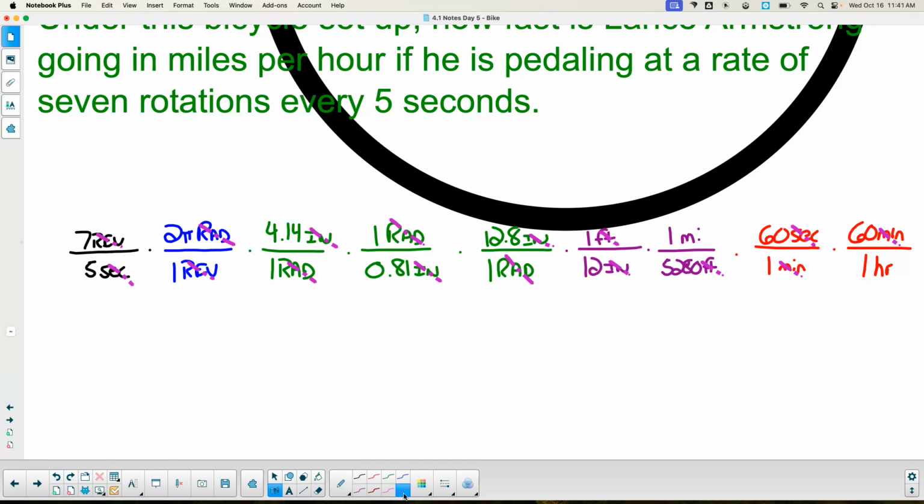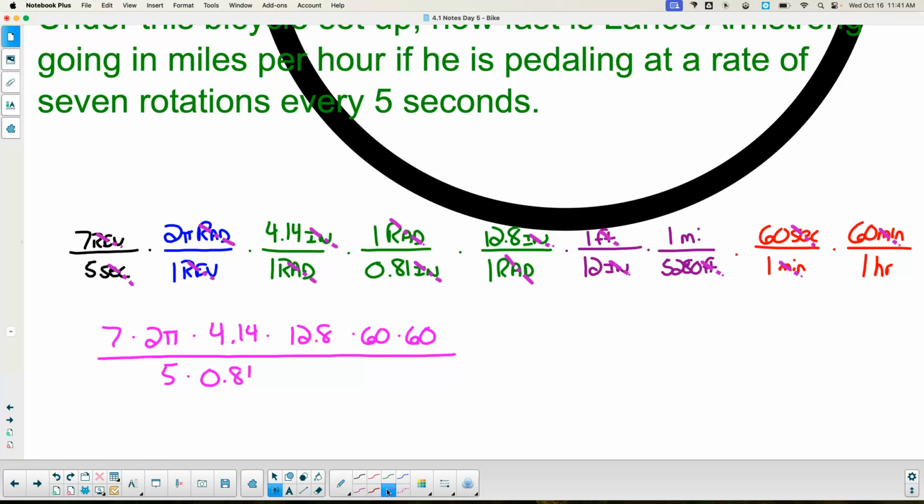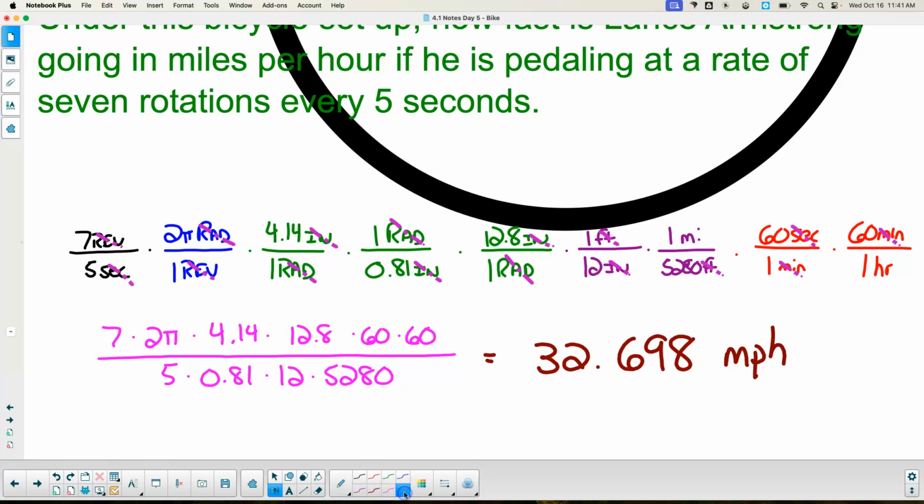Now I'm in miles per hour. You should get 32.698 miles per hour.